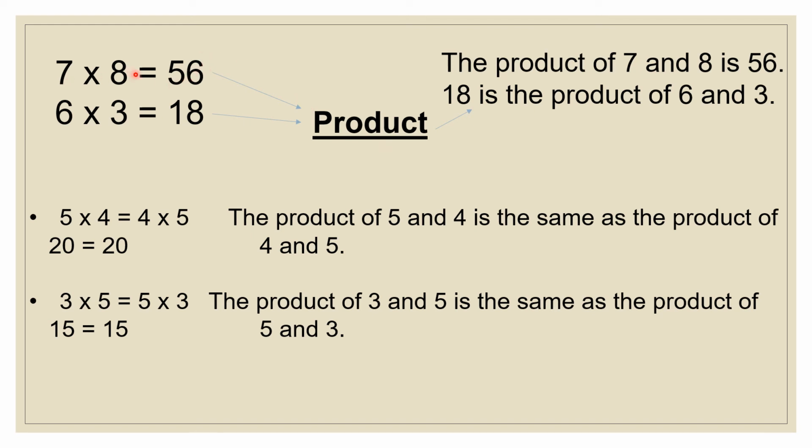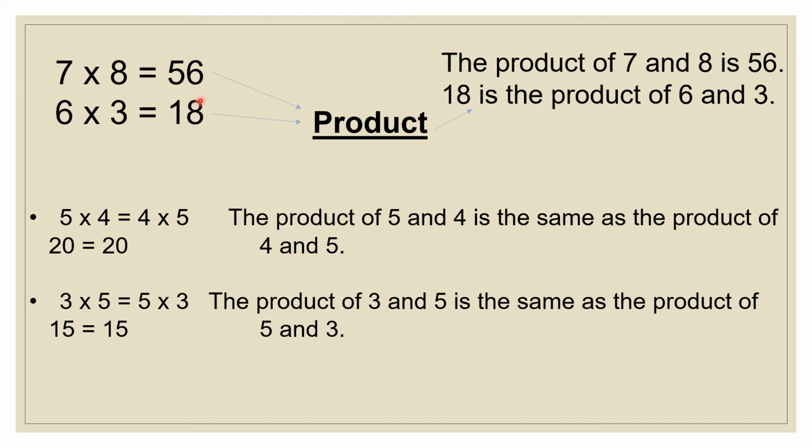Okay, so 7 multiplied by 8 is 56. That means the product of 7 and 8 is 56. The product of 6 and 3 is 18. So whatever answer you get by multiplying two numbers, that answer is called the product of the two numbers.